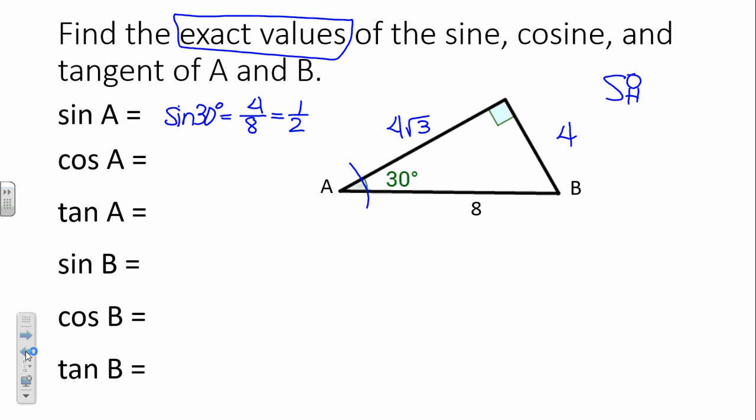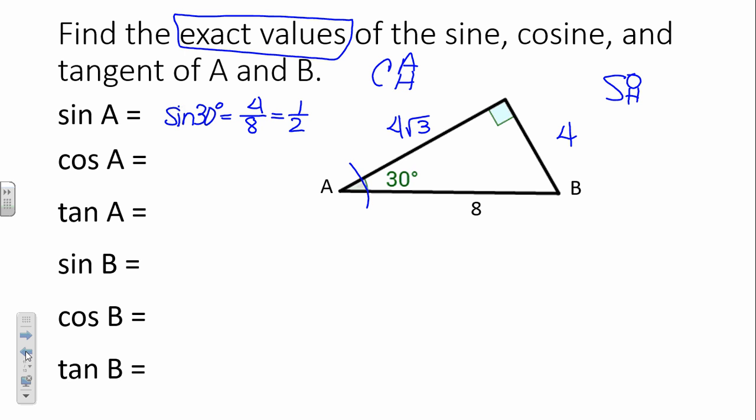Jace, what's the cosine of angle A going to be? 4 square roots of 3 divided by the hypotenuse, 8.